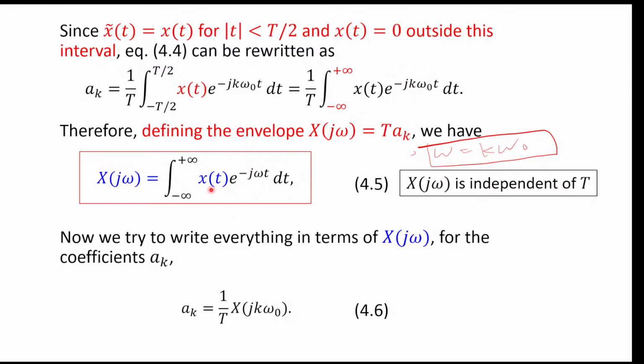Because x of t has no dependence on big T. It was the starting function we have, and the e to the minus j omega t is no factor of big T. Okay, yeah, X of j omega is independent of big T.